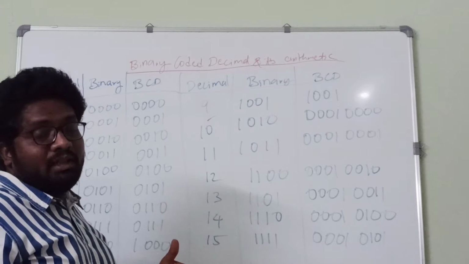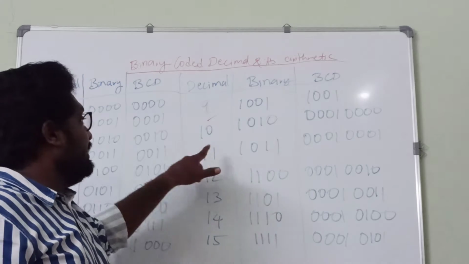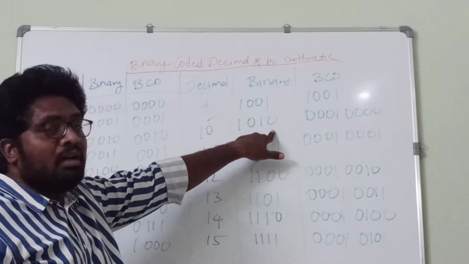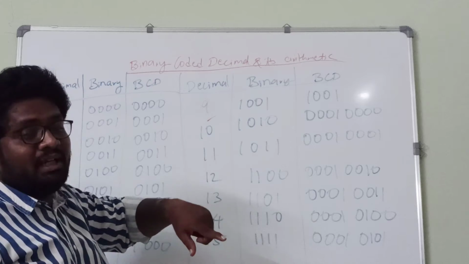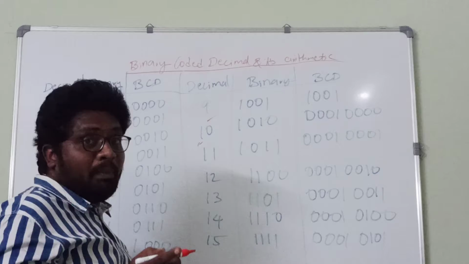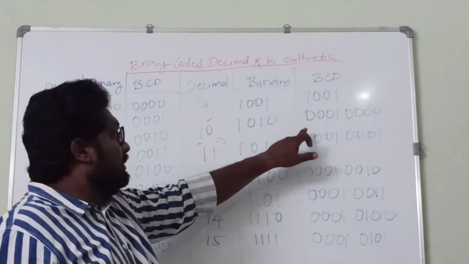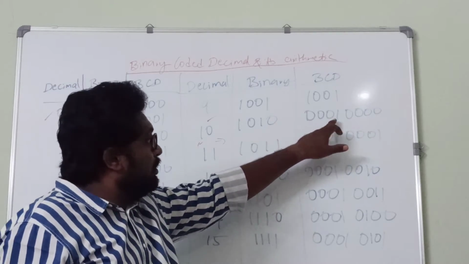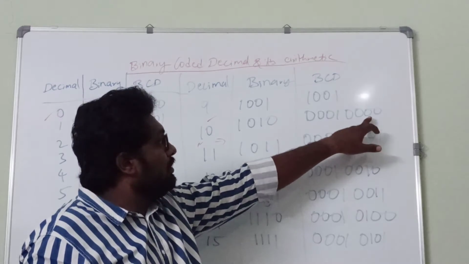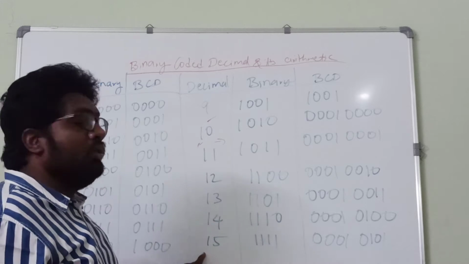In BCD representation, we need to represent each digit as a nibble. For 10, the binary number is 1010, but for BCD, we need to represent 1 as one nibble and 0 as another nibble. So for 1, the representation is 0001, and for 0 it is 0000. The same applies for 10 to 15.